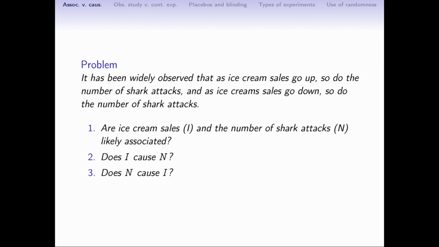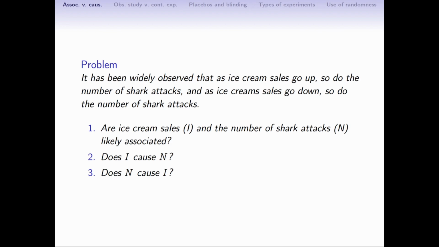All right. Let's take a look at this problem. It has been widely observed that as ice cream sales go up, so do the number of shark attacks. And as ice cream sales go down, so do the number of shark attacks. So our ice cream sales, which we'll denote by the variable I, and the number of shark attacks, which we'll denote by N: are I and N likely associated with each other?